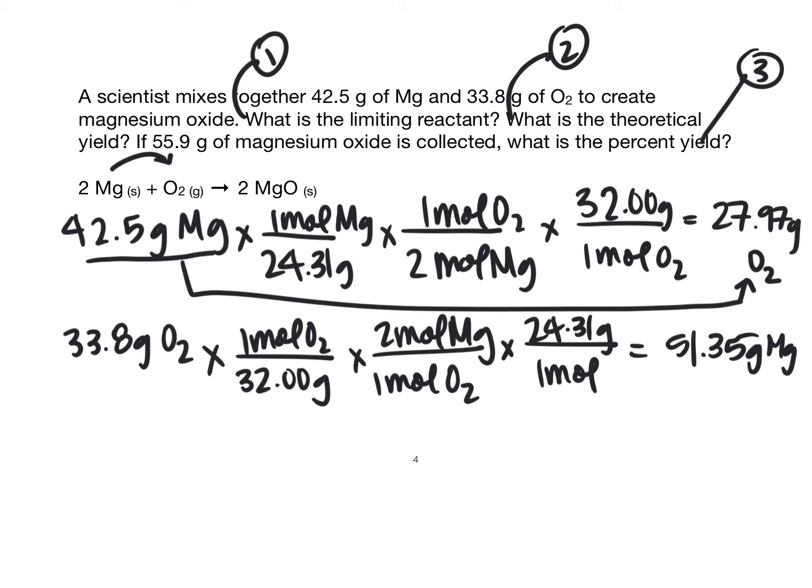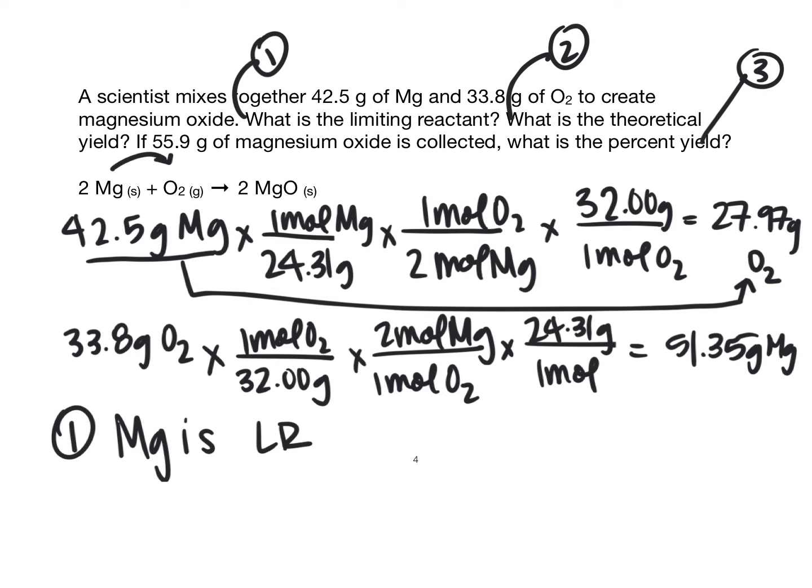So in this calculation, I am showing you one way. Alternatively, you could have converted both reagents to product, and the limiting reactant is the one that makes the least amount of product. However, on the next slide, on a more difficult exam or an exam-based question, you'll see that this way gets you to different answers. So the answer to question 1 is magnesium is the limiting reactant.